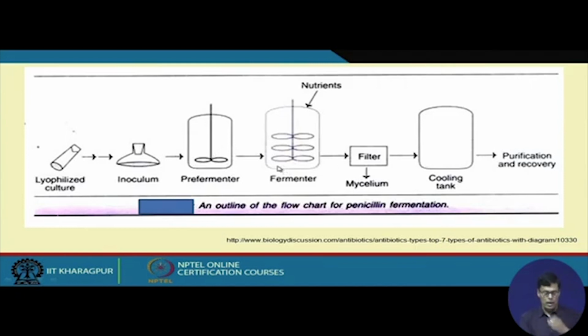Now here I want to point out that, similar to the citric acid fermentation process, where we use Aspergillus niger, which is also a fungus, here we use Penicillium chrysogenum, which is also a fungus. This fungus is a filamentous organism.